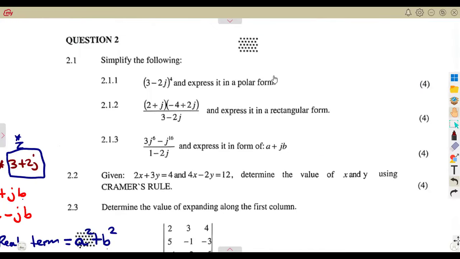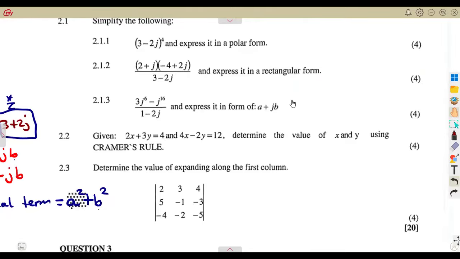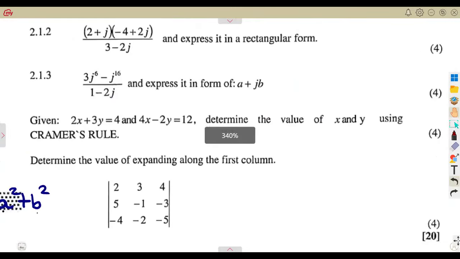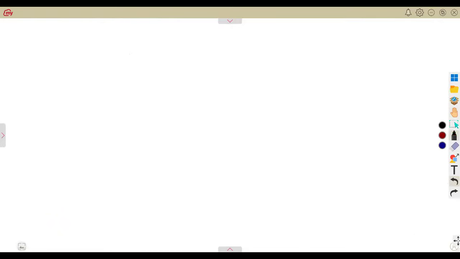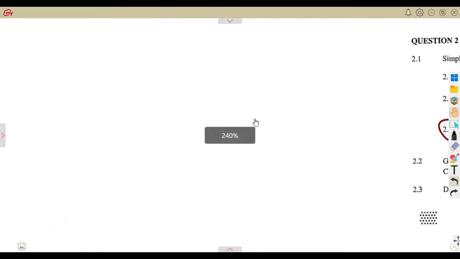Let us check another part for the complex numbers. We also have 2.13. All right, that's 2.13. We are given to express this in the form of A plus jB. Okay, we're back again to the rectangular format. So how can we simplify this whole part? Let's check what we are given there.